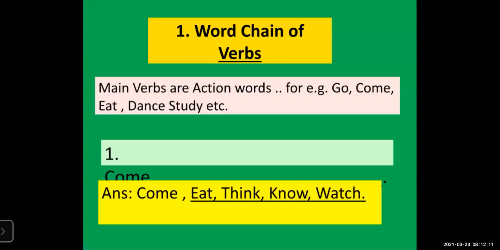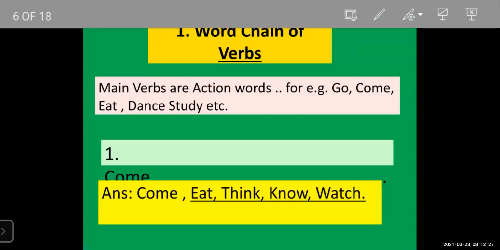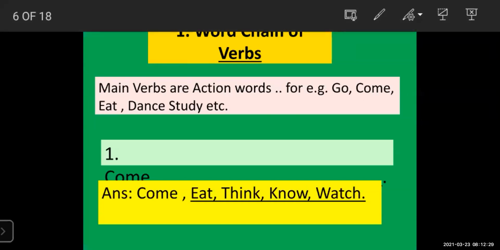So if this question comes in your exam, complete the word chain of verbs, then you have to complete the word chain with proper verbs. For example, here the first word given in the question is come, C-O-M-E.